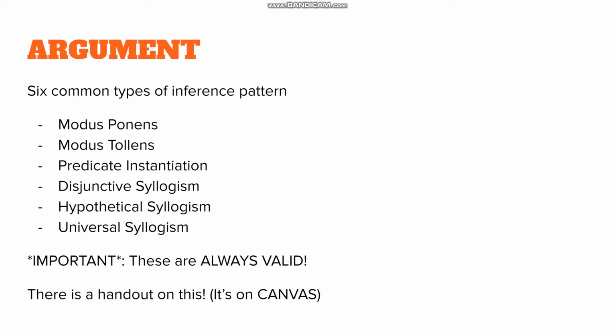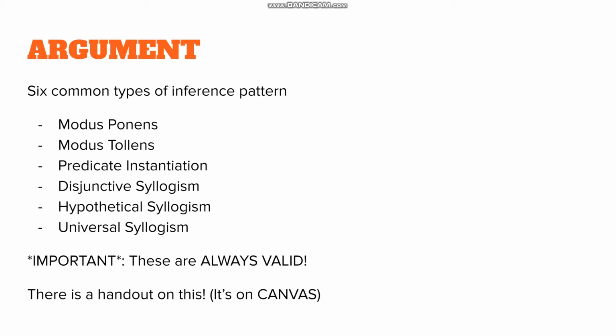And the best way to learn these inference patterns is to come up with your own arguments or your own examples. So get creative. This concludes our crash course on basic formal logic. And this is an important first step because in this class, we will see that a lot of the arguments can be reconstructed into arguments that fit these inference patterns.